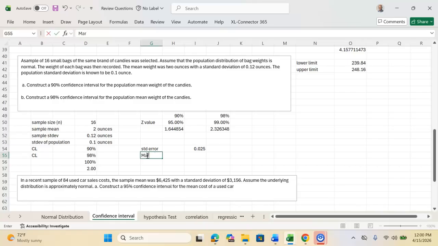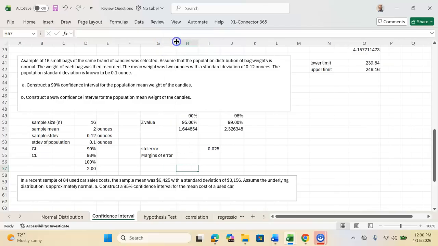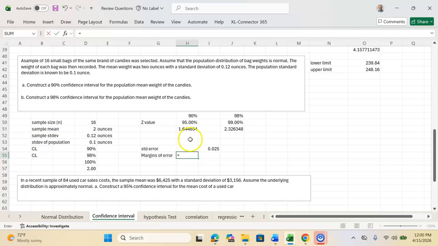And the next thing is to find margins of error. So to get margins of error, we're going to find margins of error for this z value and for that z value. So let's find here, put equal sign. And in this case, we're going to take z times the standard error.